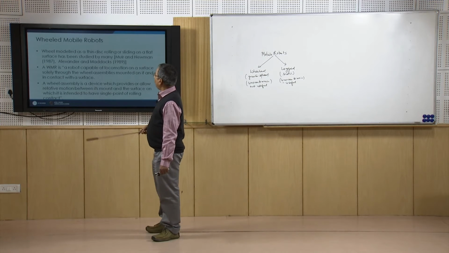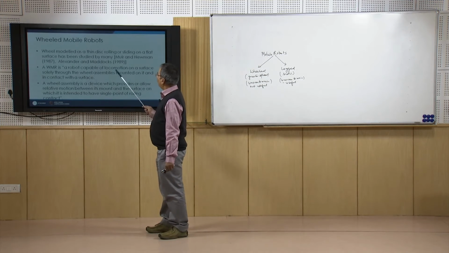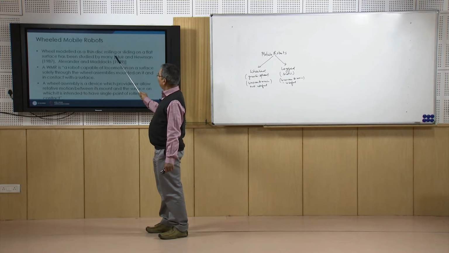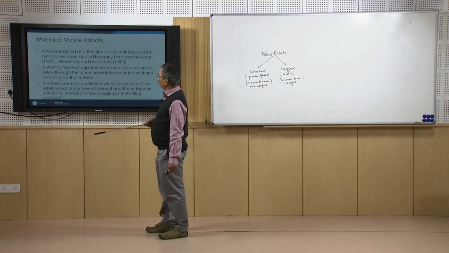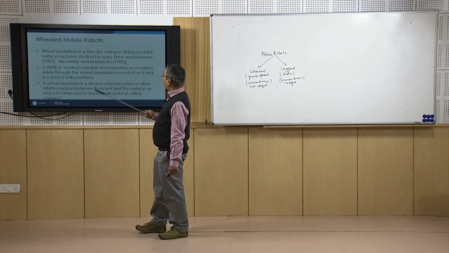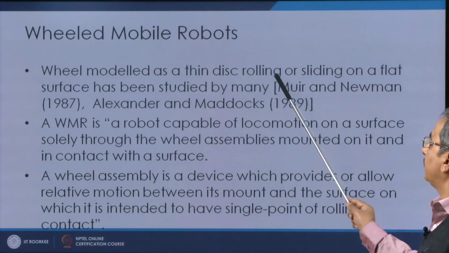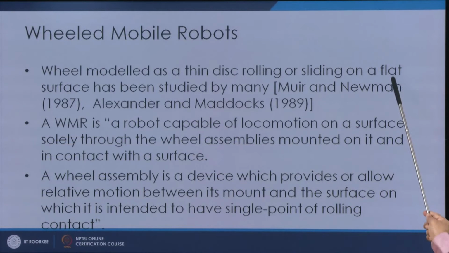So, we can look at the modeling of wheeled mobile robots, and the wheels are modeled as thin discs rolling or sliding on a flat surface.